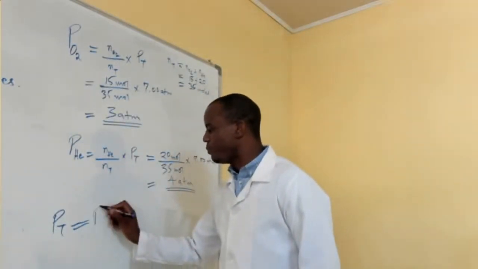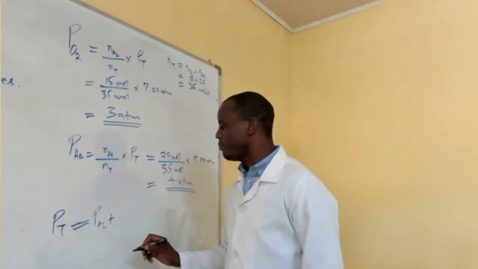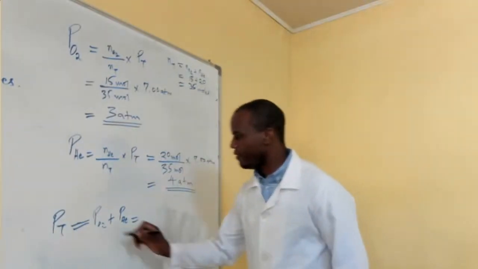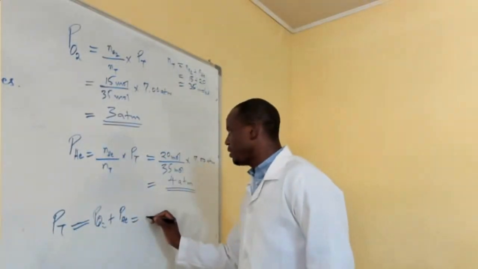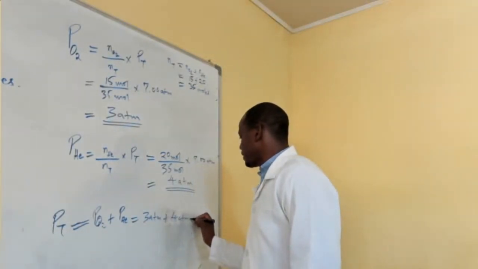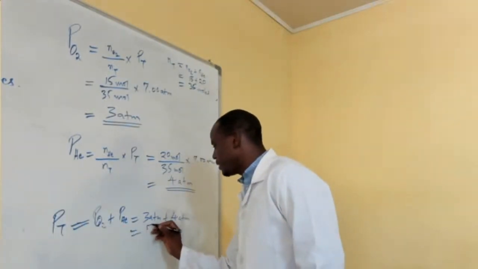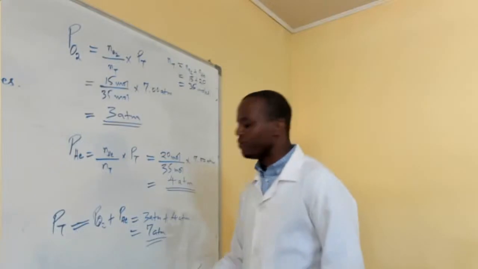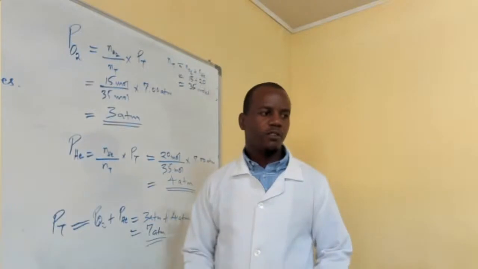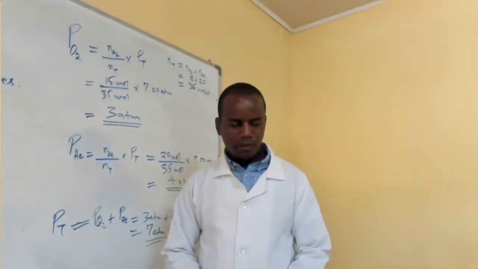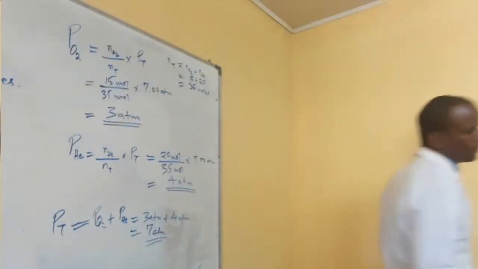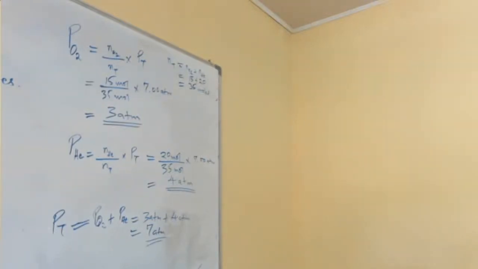The partial pressure of oxygen plus the partial pressure of helium, 3 atmospheres plus 4 atmospheres, gives a total of 7 atmospheres, which was the given total pressure. So that is how you calculate the partial pressure of a gas. Okay.